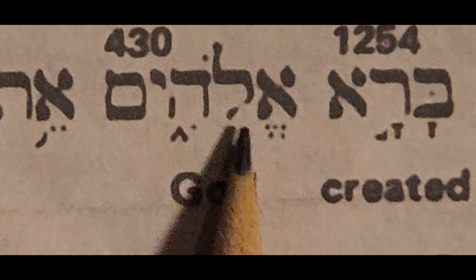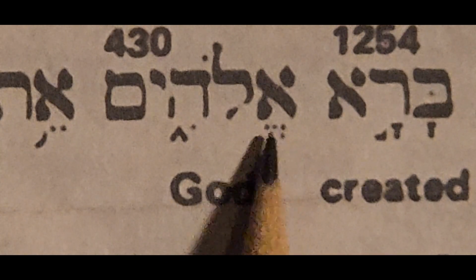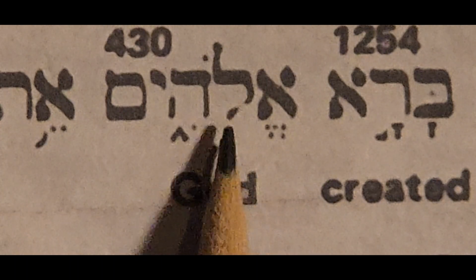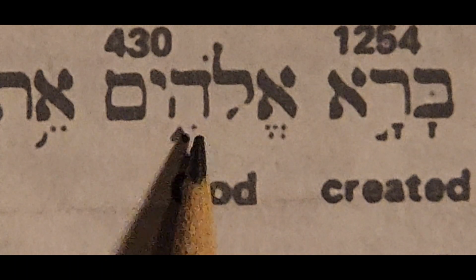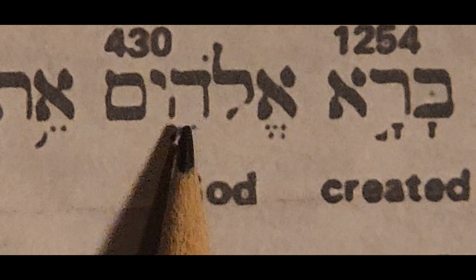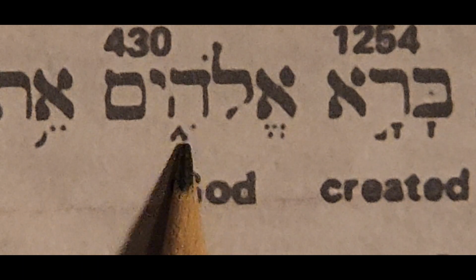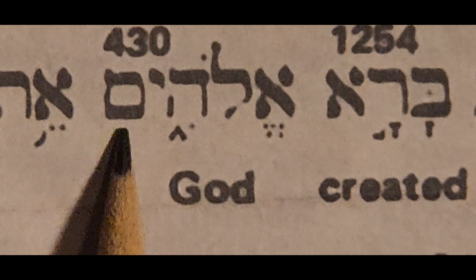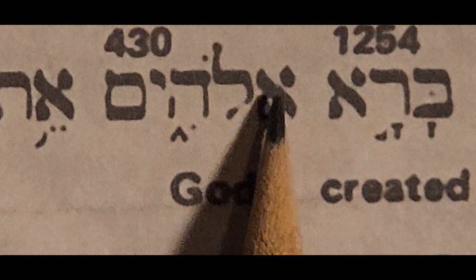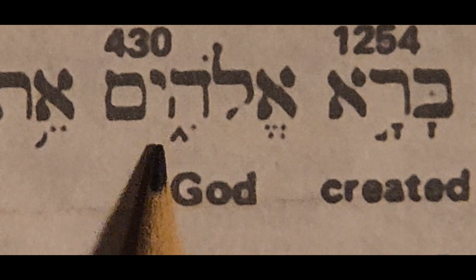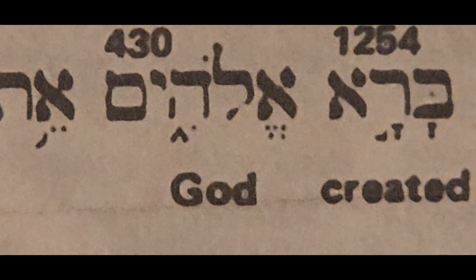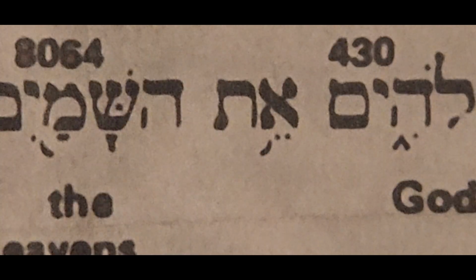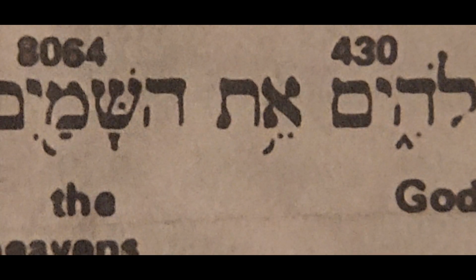And so it is the Elohim. We're going to see this as an Ah sound, a Lamed sound, or an L sound, a He sound, an H sound, an I sound, and an M sound. So it's Elohim. It means God.